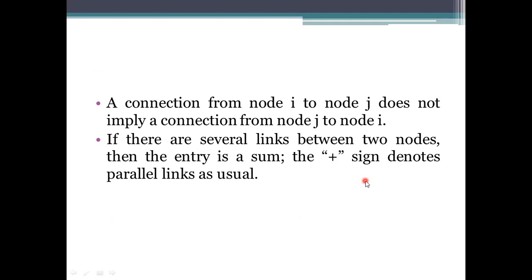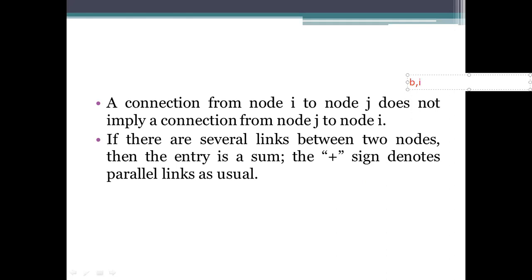Only if we are using an undirected graph are you allowed to take the access of I to J and J to I. If you are using the directed graph representation, the intersection point of I and J will include the data of that edge only, and it does not imply J to I. If there are many links between two nodes, we need to provide the plus symbol.